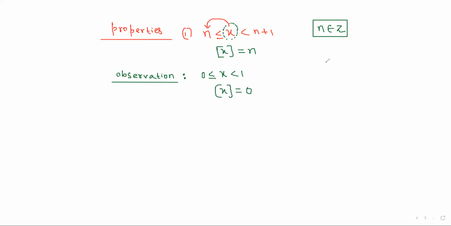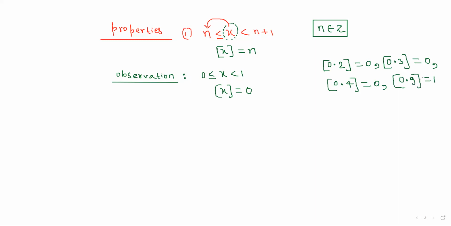Because the greatest integer function of 0.2 is simply 0, of 0.3 is simply 0, of 0.4 is simply 0, of 0.9 is simply 0, and many more examples. So clearly, when x lies between 0 and 1, the greatest integer function of x is simply 0. Got it now?